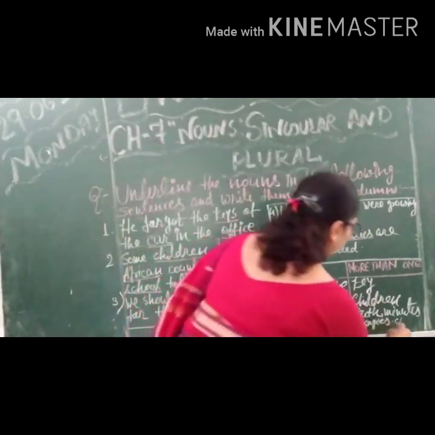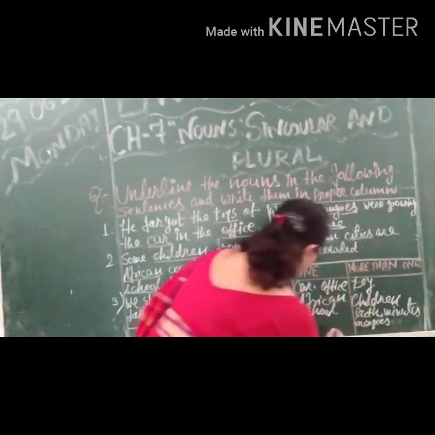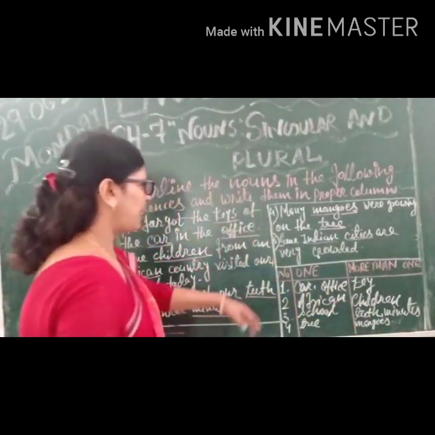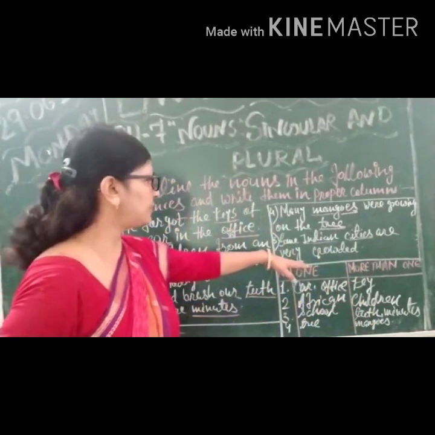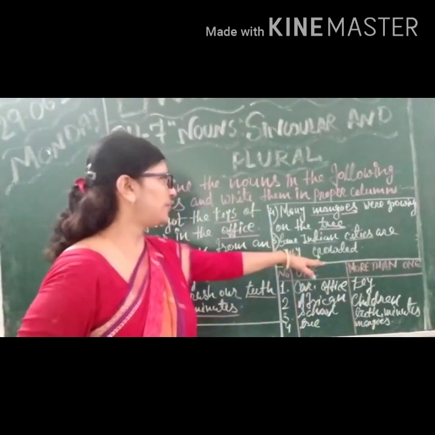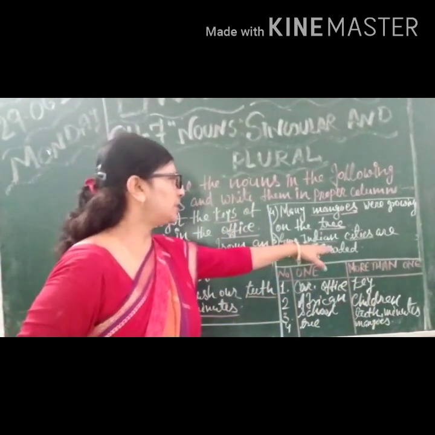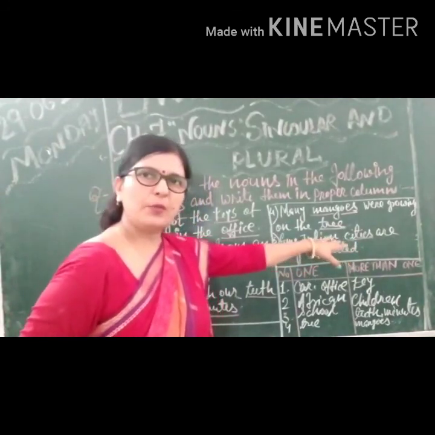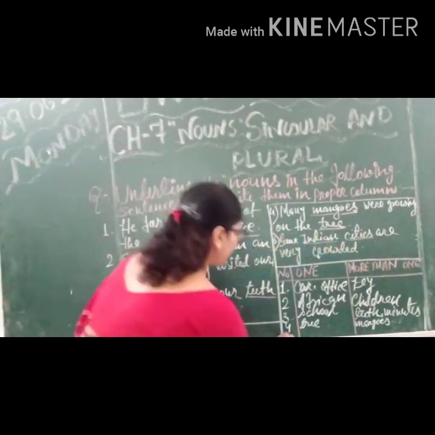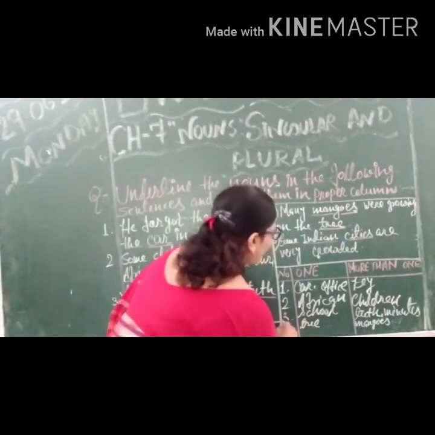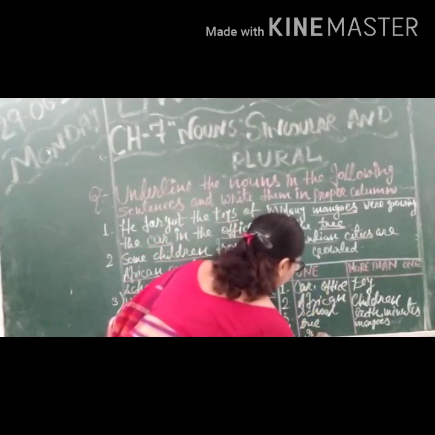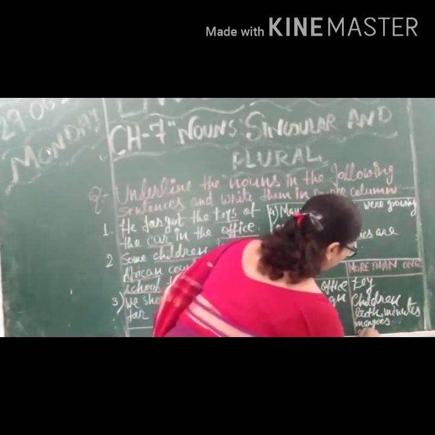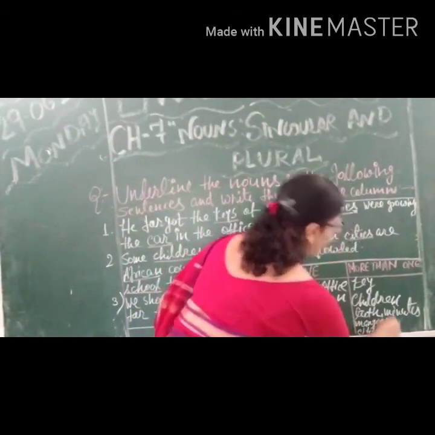So here we will write tree in the singular form. Now only question number 5 is left: Some Indian cities are very crowded. So here Indian is known as a singular form and cities is known as a plural form. So we must write here number 5: Indian, and cities we will write in the plural form.